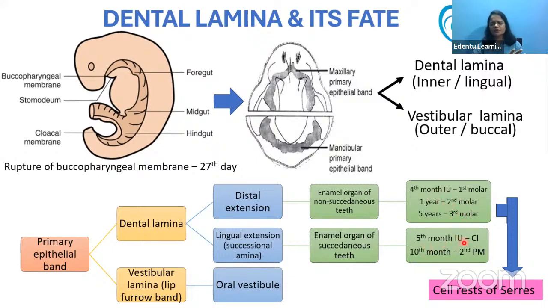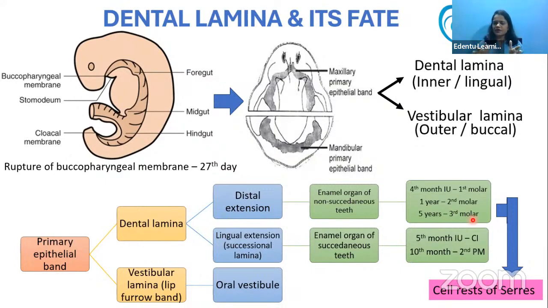By about the 5th month, the central incisors will start forming. By about the 10th month, the second premolars will start forming. After birth, by about the 1st year, the second permanent molar will start forming, and by around 5 years, the third molar will also start forming. So from the 4th month in utero till 5 years of age, the dental lamina will be active.